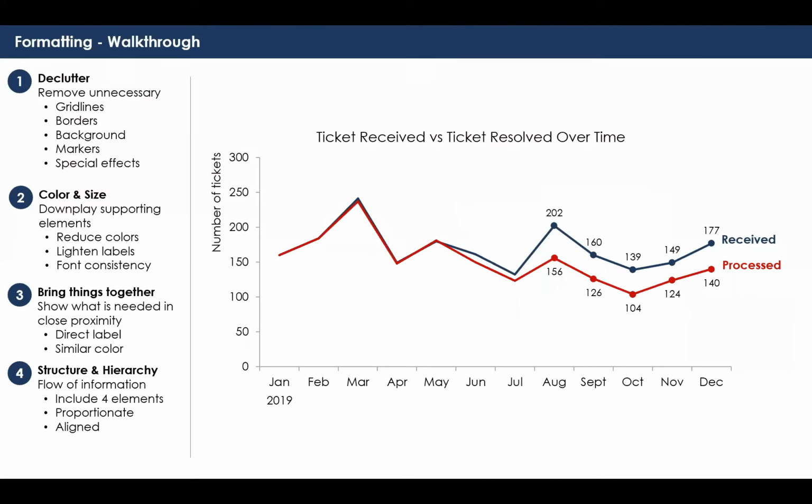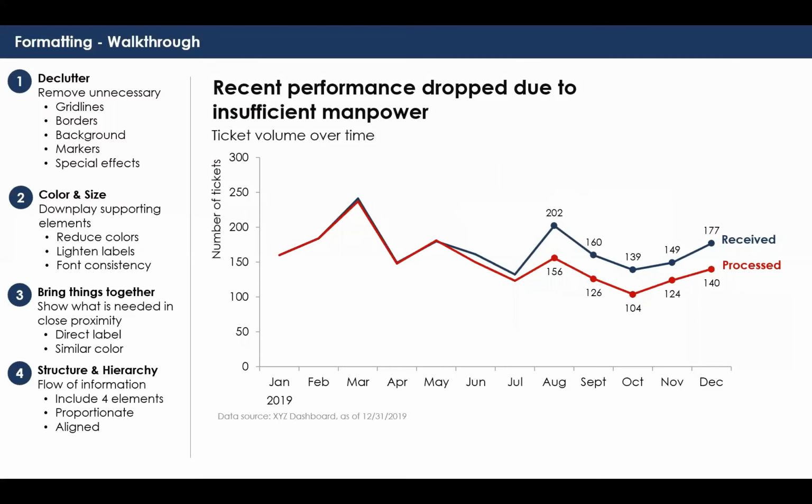Right? So how can we do this? Basically, touch it up with the structure and hierarchical process, where you make the generic title the subtitle now. Then you add a text box on top to show your main message, and then add a source line to show where you get this source from.